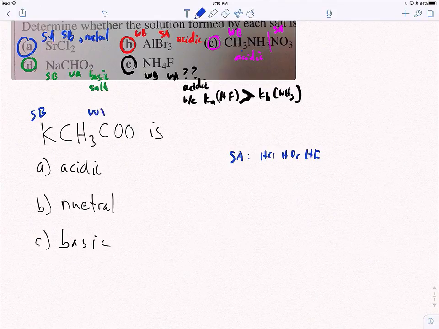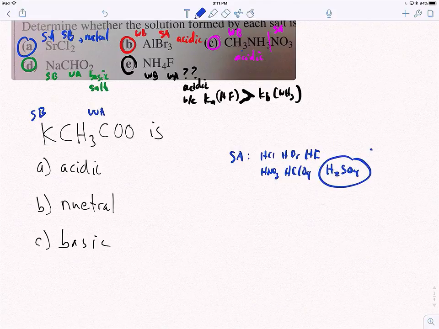This is a weak acid. So acetate is a weak acid. Or acetic acid is a weak acid, I should say. This is the salt from a strong base plus a weak acid.